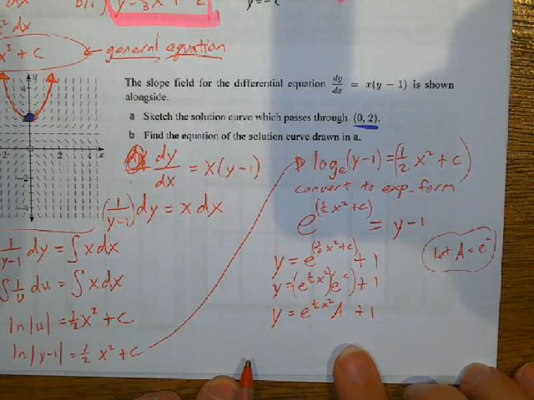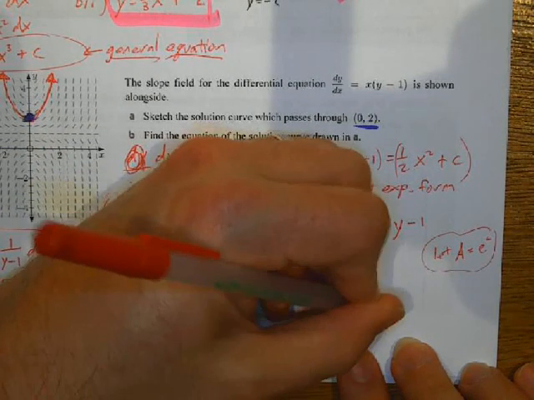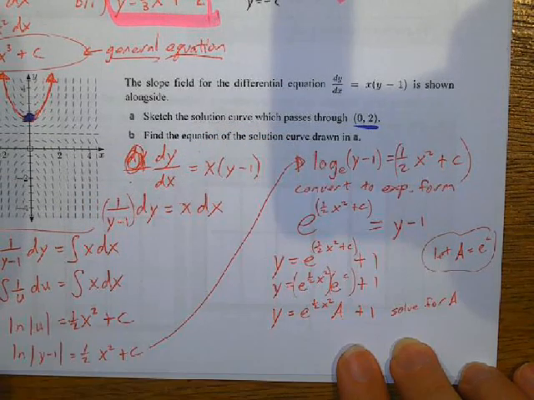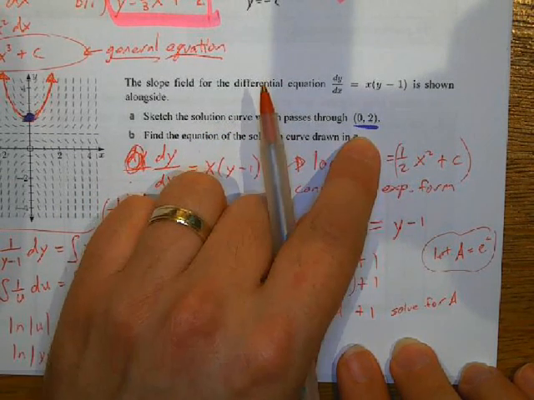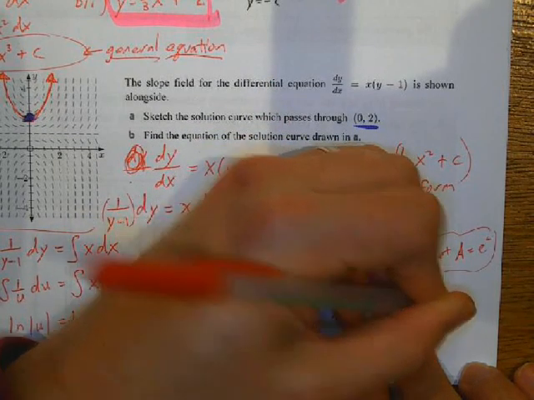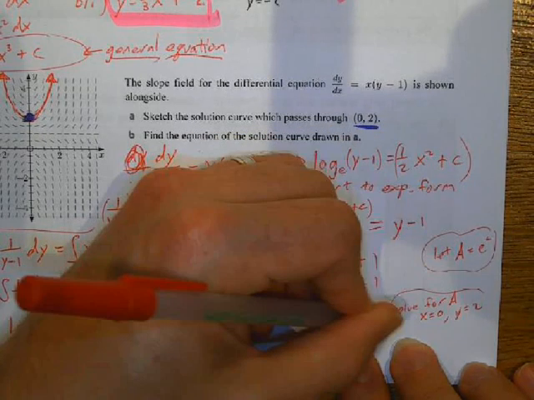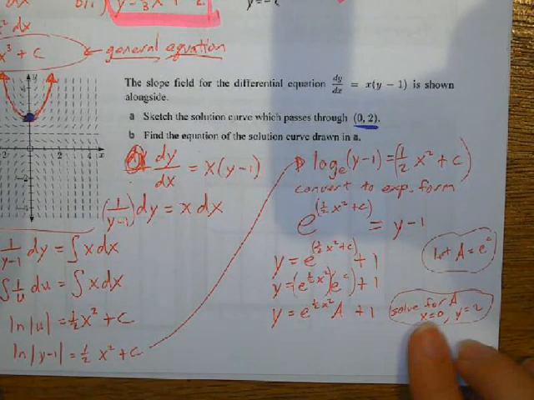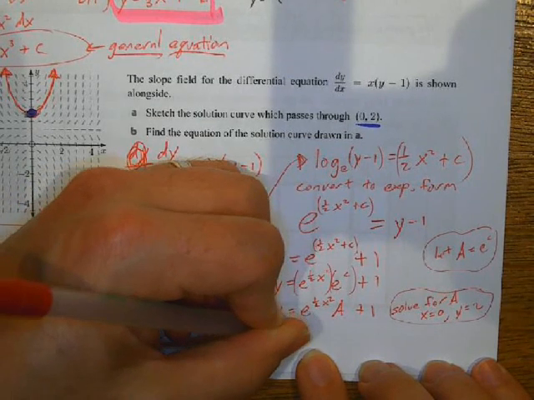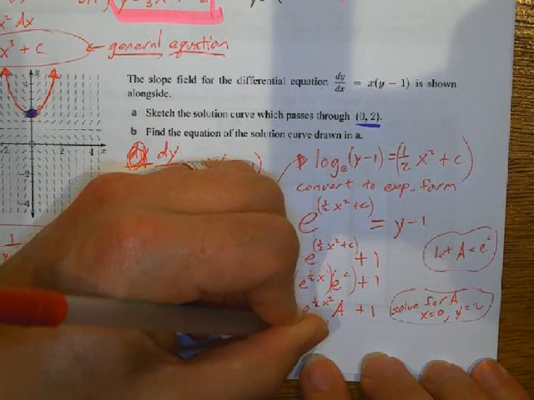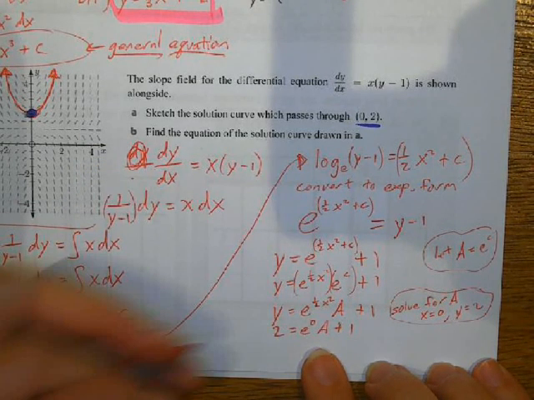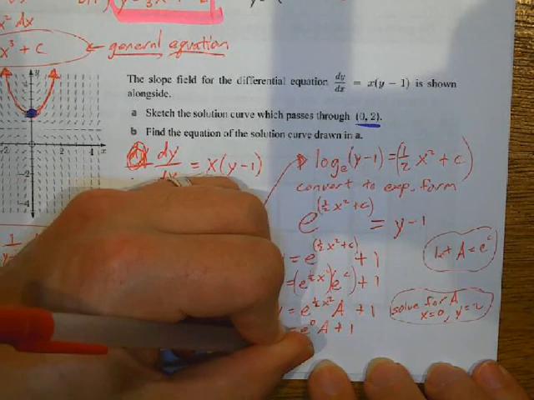And now let's solve for a. We know x equals 0 and y equals 2, right? So I can plug that in for x and y. I'm going to say 2 equals e to the 0 times a plus 1. Well, anything to the 0 is just 1, so I have 2 equals a plus 1.